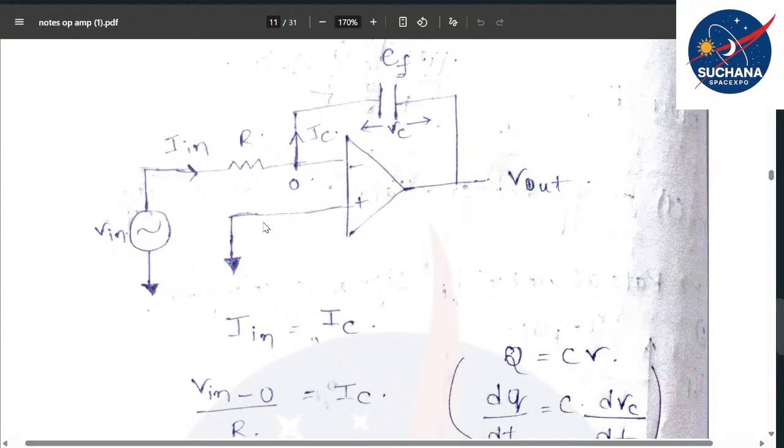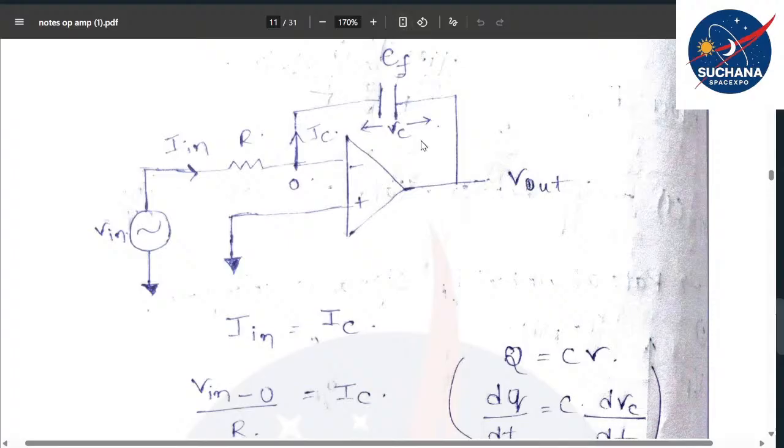R1, R2, R3 are the resistors across the individual signal pathways, and all these resistors are connected in parallel with each other. I mean, they are actually connected at the virtual node. We should not directly say that they are in parallel. They are connected at the node where the voltage becomes zero, the virtual ground. That's what we discussed yesterday.